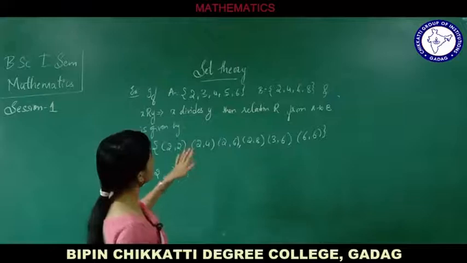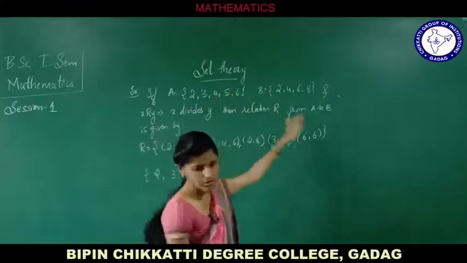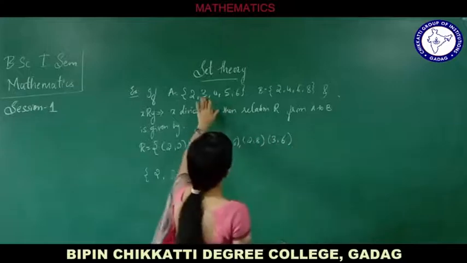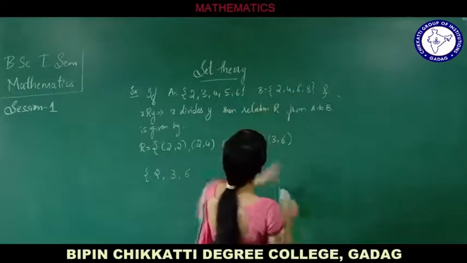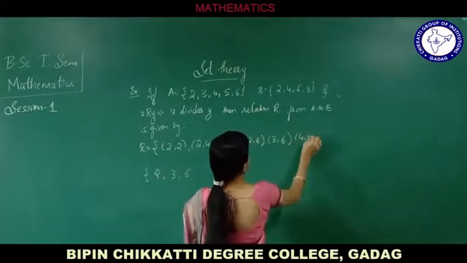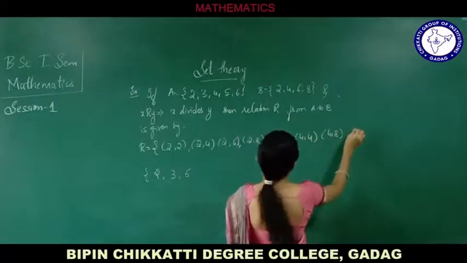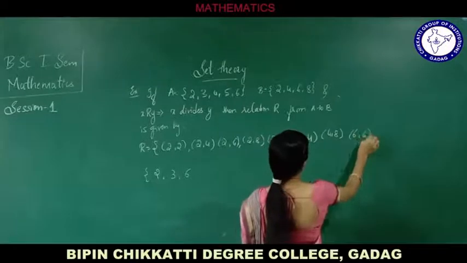I think we missed 4. 4 divides 4. 3 divides 6. Again 4 divides 4. And 4 divides 8. And lastly 6 divides 6.